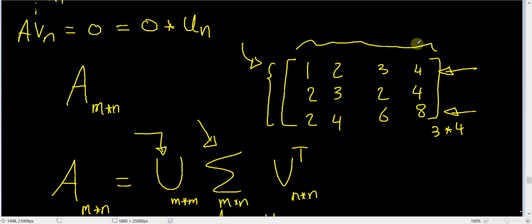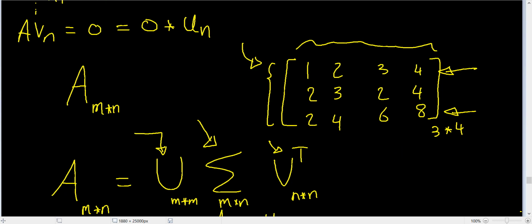Again, for this specific case, we have 4 components, and so this matrix will be a 4 by 4 matrix. 2 of those rows of the matrix V transpose will belong to the row space, and the remaining 2 rows will belong to the null space of the matrix A. Note that the rows of V transpose are the columns of the matrix V, so the matrix V will have 4 column vectors. The first 2 columns of the matrix V will belong to the row space of the matrix A, and the second 2 columns of the matrix V will belong to the null space of the matrix A.